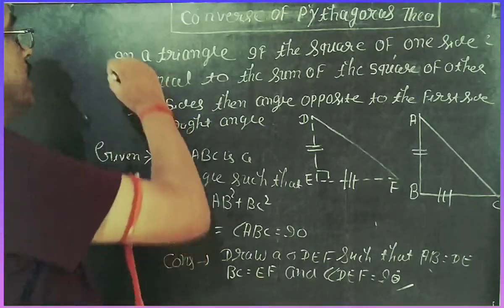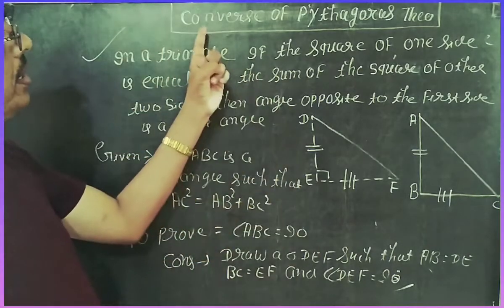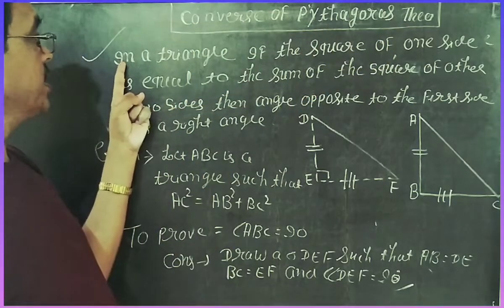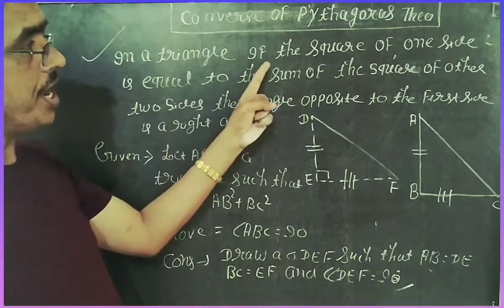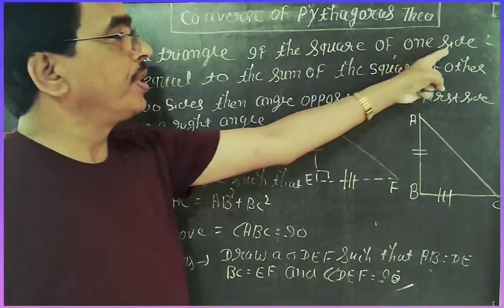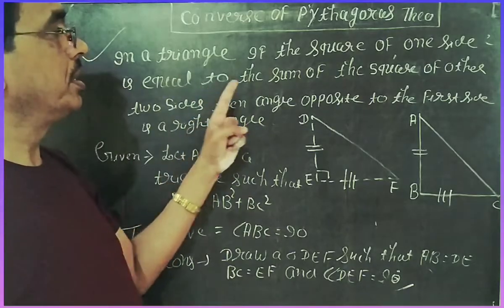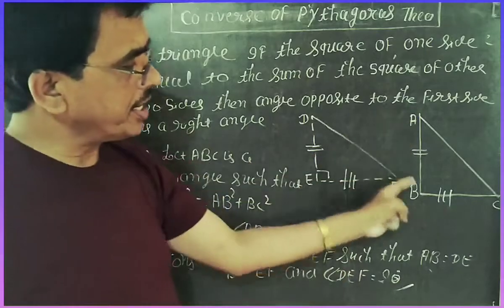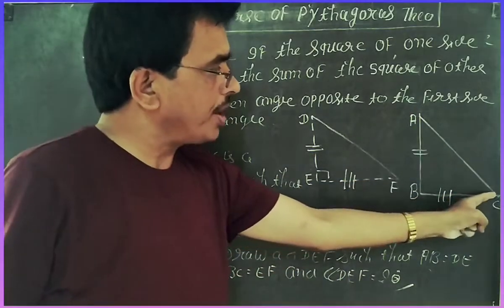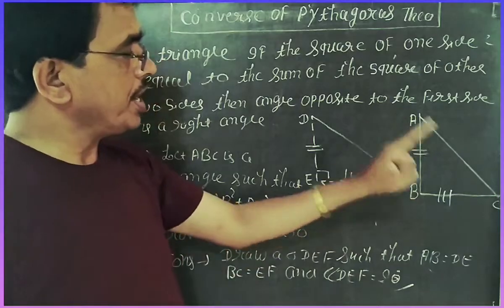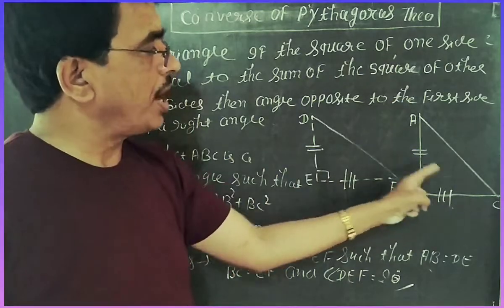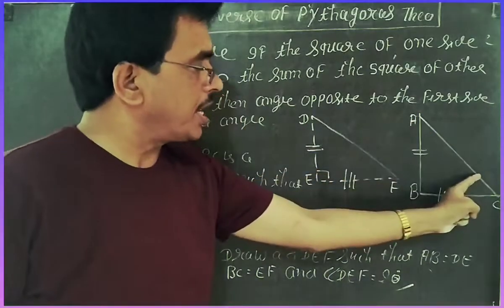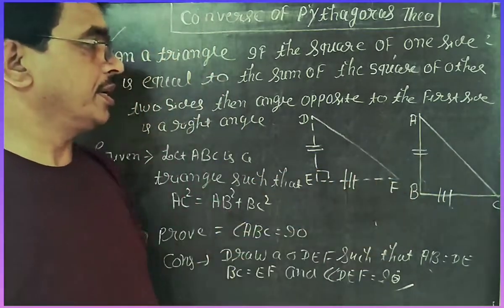In the second question, the theorem of this chapter, that is the converse of Pythagoras theorem. It is stated that in a triangle, if the square of one side is equal to the sum of the squares of the other two sides, then the angle opposite to the first side, that is B, is 90.